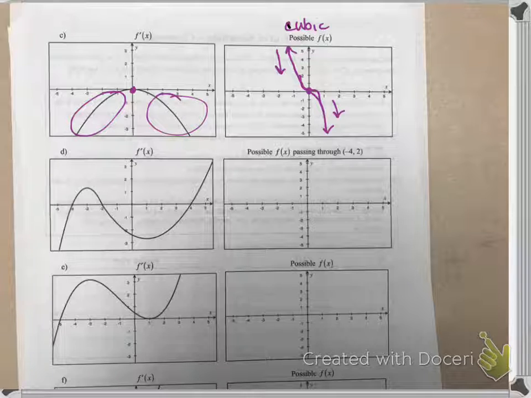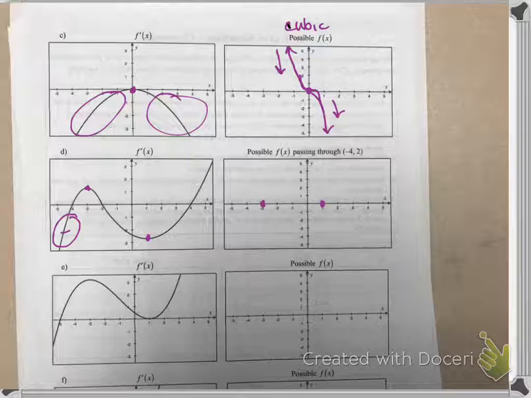Okay? Now, part D. When is this one 0? Negative 3 and 1. So I'm going to use that to help me out. F prime of x is 0 at negative 3 and 1. It is negative up until you get to 4.